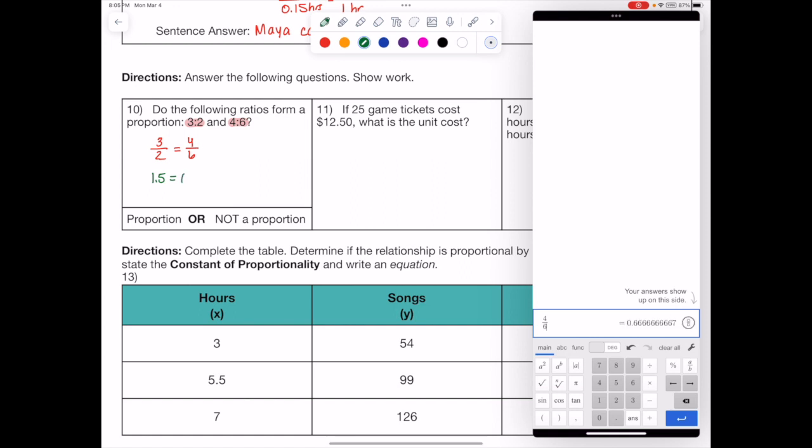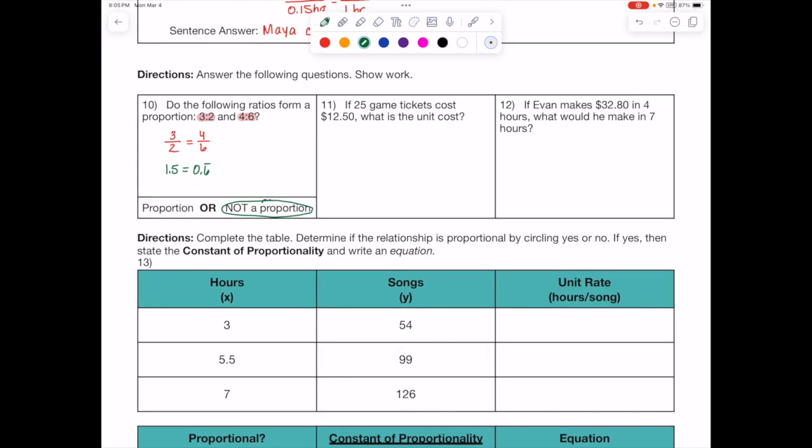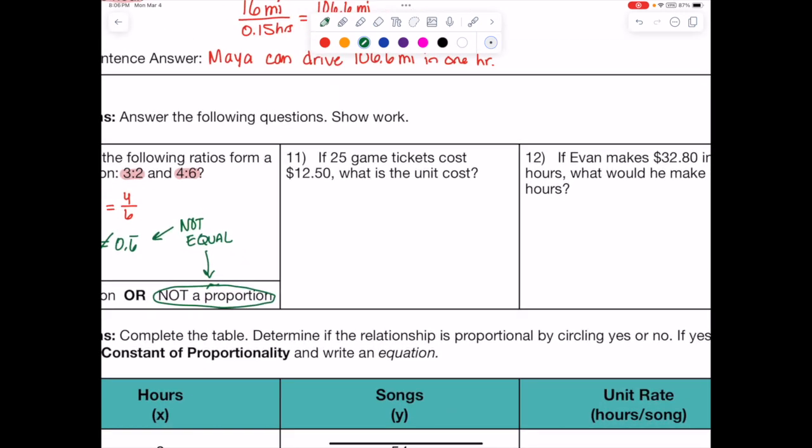Or 0.6 repeating. And so these are not a proportion. They would have to be equal to each other to be a proportion, okay? All right. So I'm going to put this line here saying not equal, okay? Okay, so not proportional.